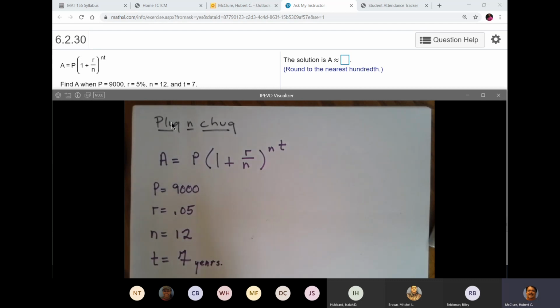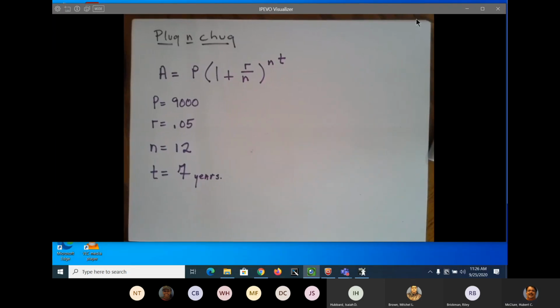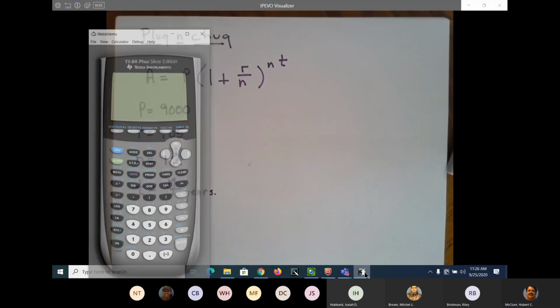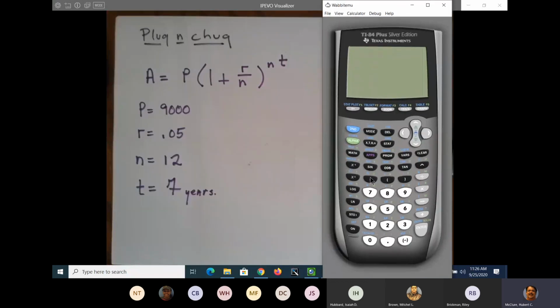Okay, plug and chug. So I'm going to take my handy dandy calculator because you can do this in your calculator without even writing anything down. That's the way you're supposed to do it. So I take my handy dandy calculator. Let me pull it up. And here we go.